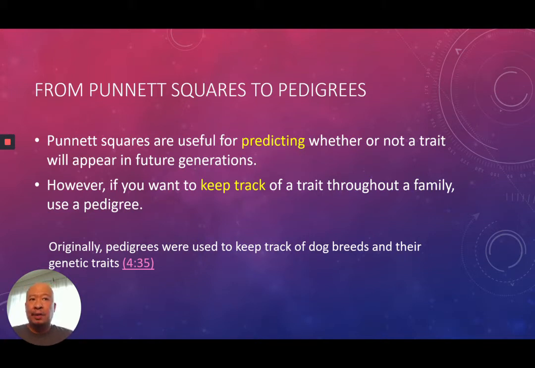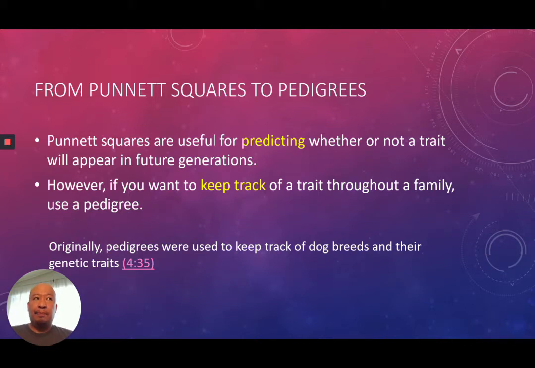Mostly because it's quite difficult to create a family tree with just dogs because they have such large litter sizes. But a pedigree, if you're only concerned about tracking a particular trait from one generation to another, and you don't necessarily need to know whether it's a grandparent or uncle or second uncle, etc., then this would be a very useful method.